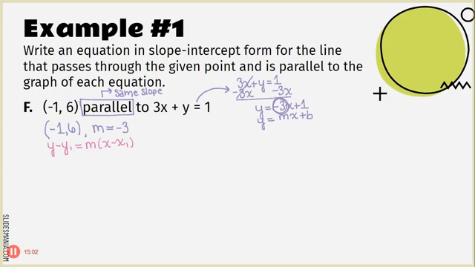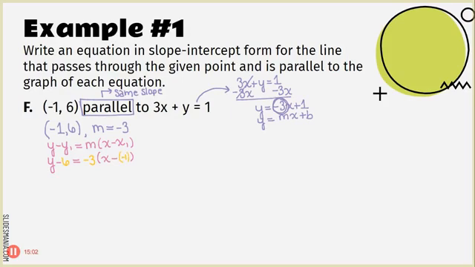We leave our y alone, so it's y minus the y value of our ordered pair, which is 6, equals our slope, which we've now identified as negative 3, times x minus the x value of our ordered pair, and our x value happens to be negative 1.